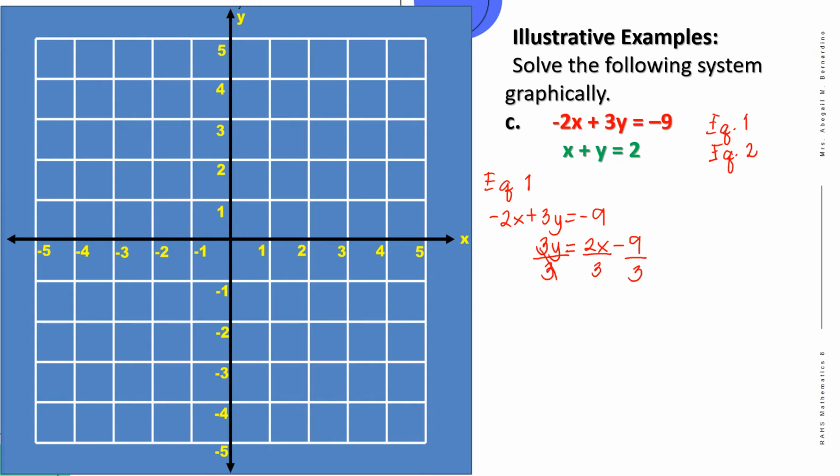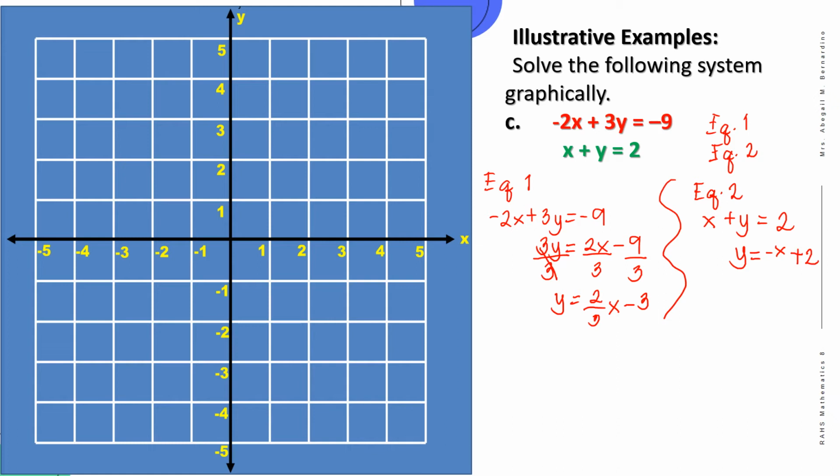We have y equals 2/3 x minus 3. Then we're going to have the second equation. Equation 2, we have x plus y equals 2. We have y equals negative x plus 2.